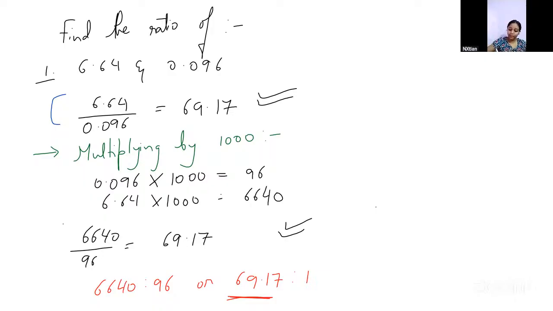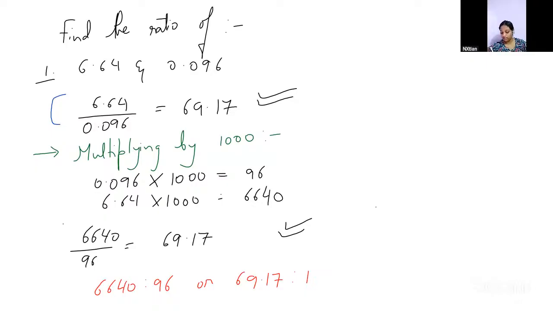That is why we have 69.17 is to 1, because it is a part of one whole. One whole is the base. One is always the base.